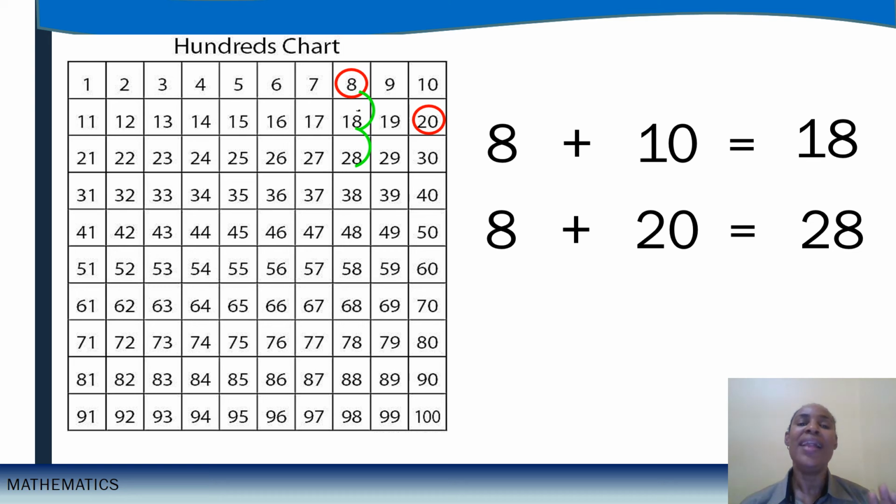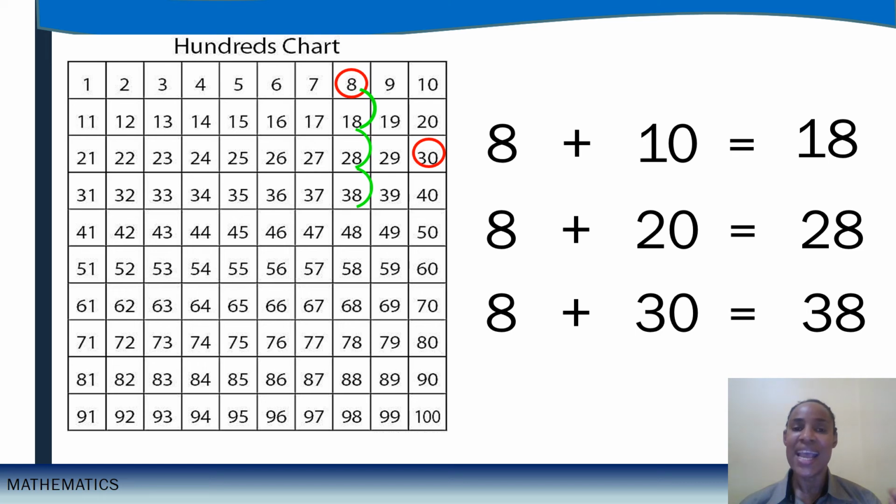And now we will add the third multiple of 10 to 8. What is the third multiple of 10? Way to go. The third multiple of 10 is 30. So let's add 30 to 8. 30 added to 8 gives us, there we have it, 38, boys and girls.